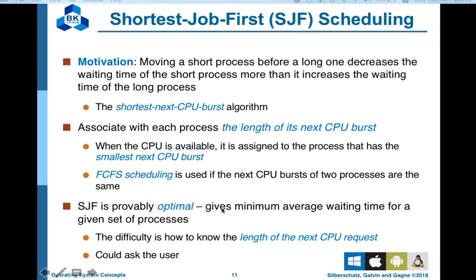But the problem is how you can determine the length of the next CPU request. You do not know this information. You just know the current burst time. You do not know the next burst time. So to know this, you must predict.